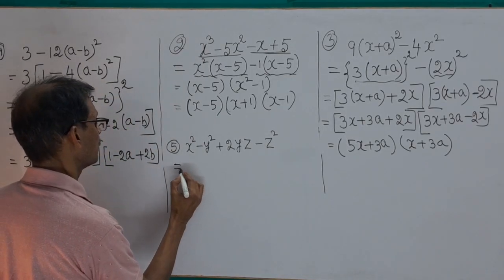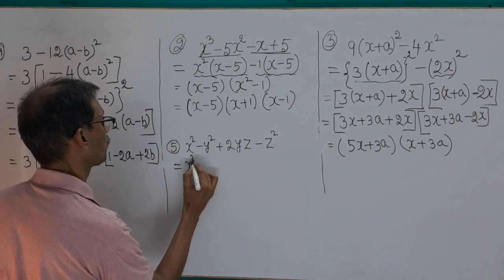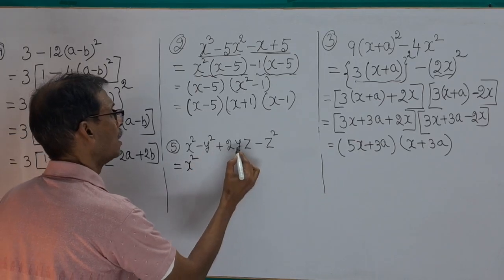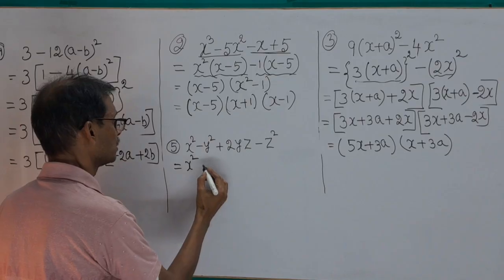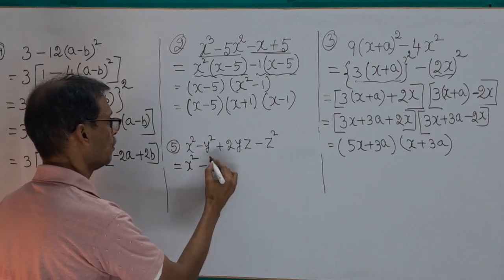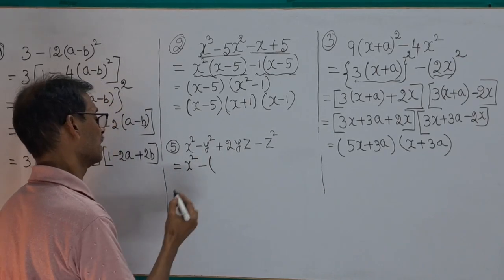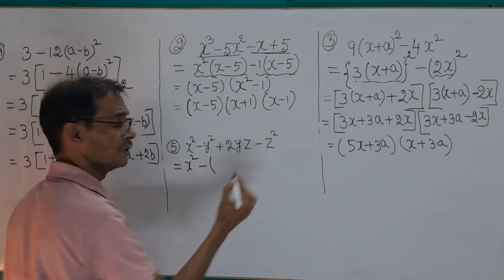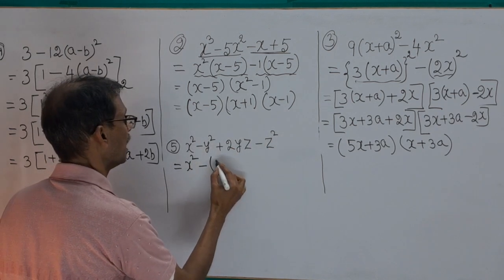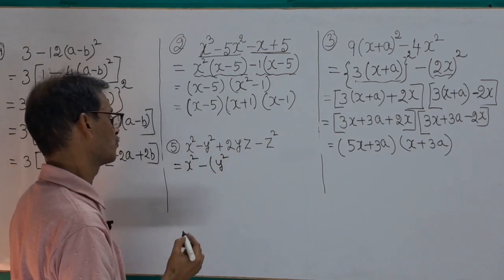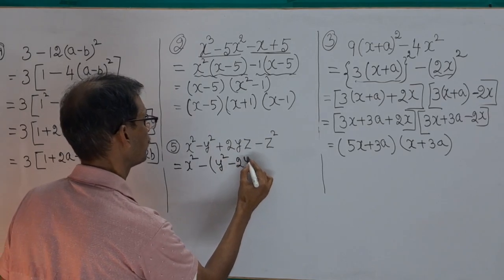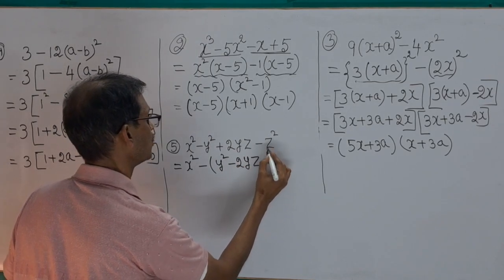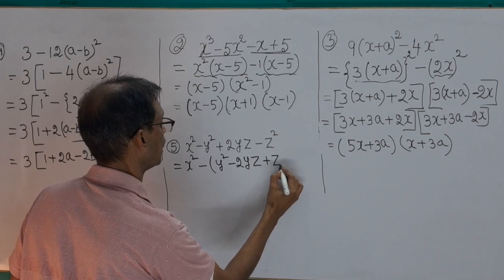Just look here. If I put y square, yz and z square inside a bracket, we have to take a common. Common minus, I have taken. So all the signs will change. Minus y square becomes plus y square, plus 2yz becomes minus 2yz, and minus z square becomes plus z square.